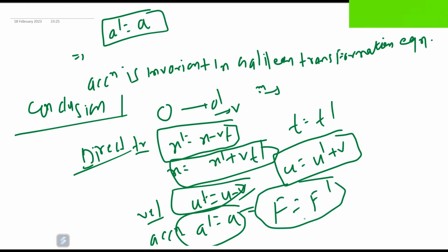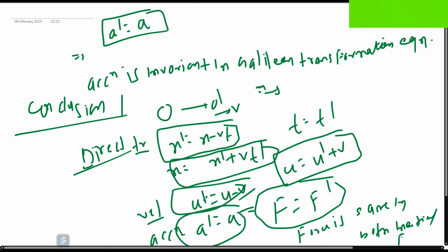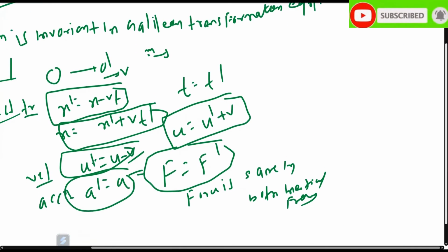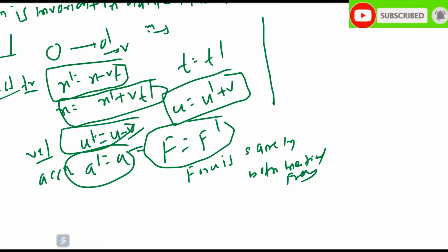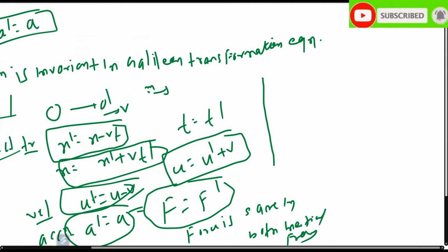implies that f equal to f prime. So basically force is the same in both inertial frames. Okay, so what we study about inertial frames moving with respect to each other is that what we measure in both frames will be the same.